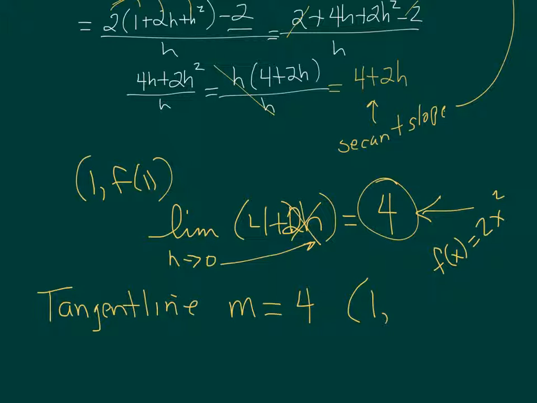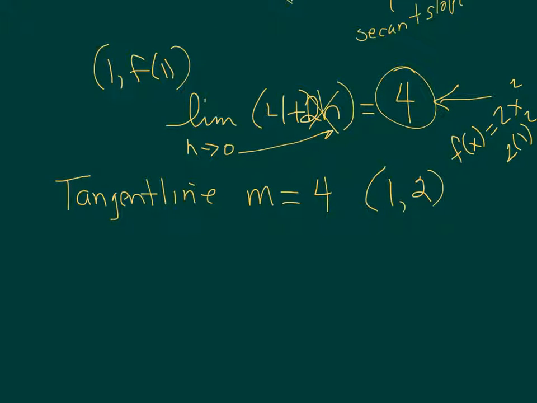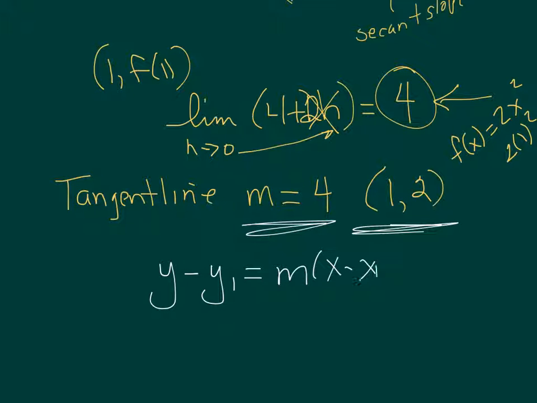If x equals 1, then y equals 2. Now that I have a slope and a point, I use my point-slope formula, y minus y1 equals m times x minus x1. So I get y minus 2 equals, my slope is 4, times x minus 1.